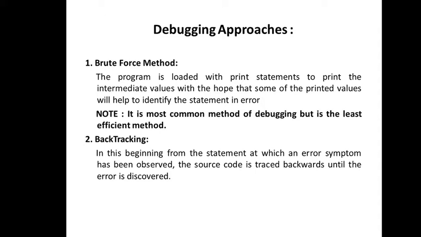If you find the intermediate output is not correct, the statement with the error is the one above that printf line. So you have identified the error in, say, the fifth statement, because till the fourth statement the intermediate output was correct.